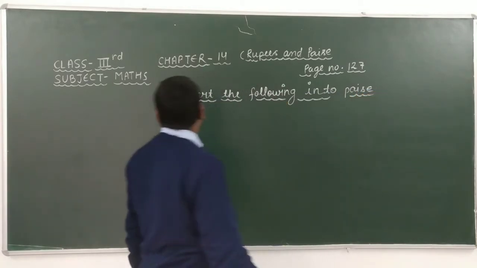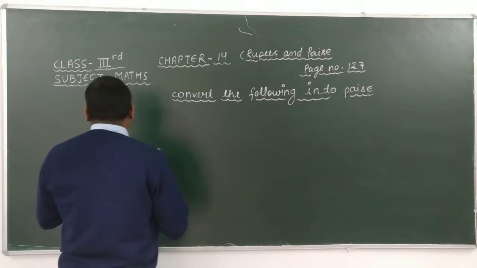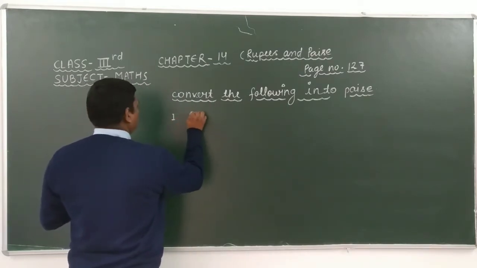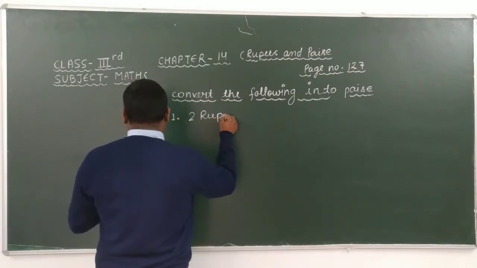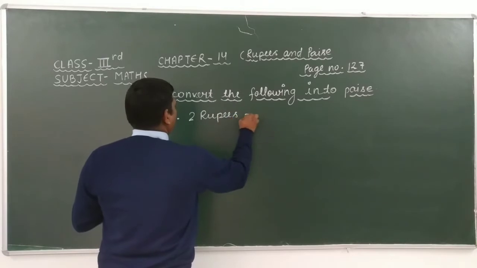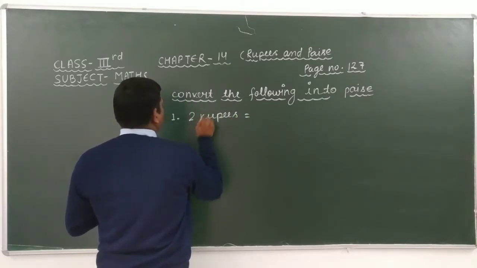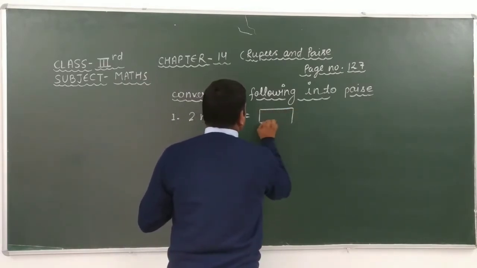Okay students, in this question there are 6 parts. Question number 1 is: 2 rupees is equal to how many paise?